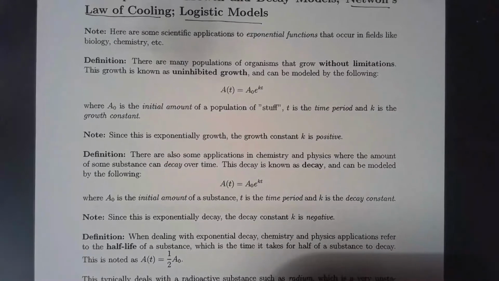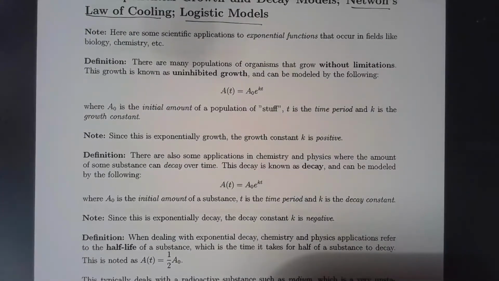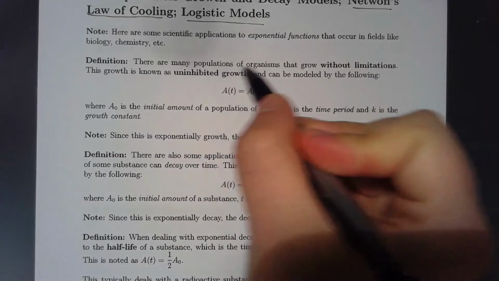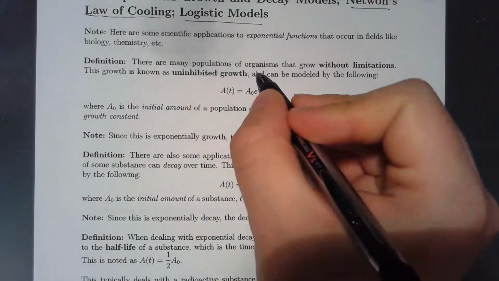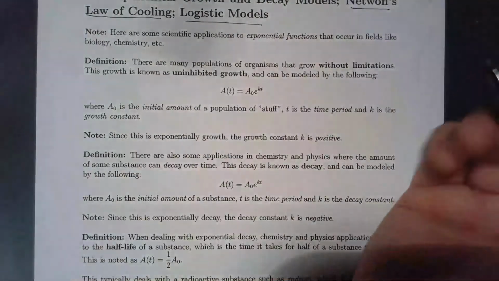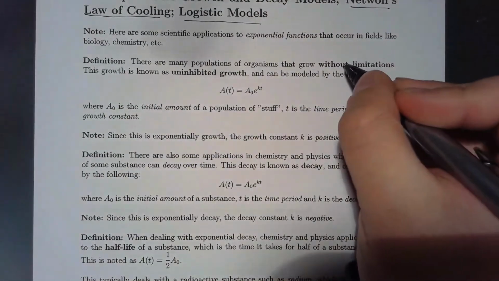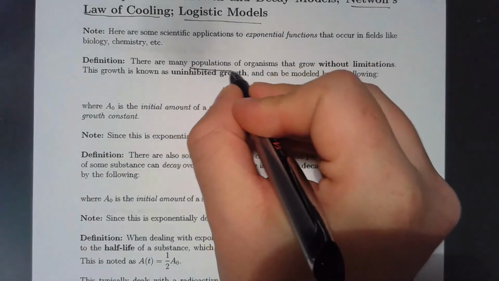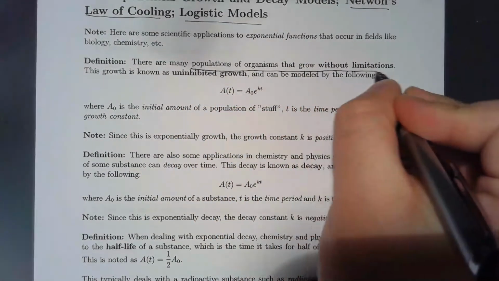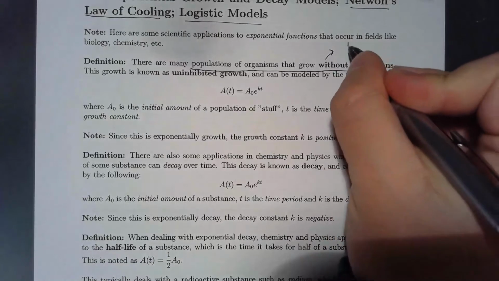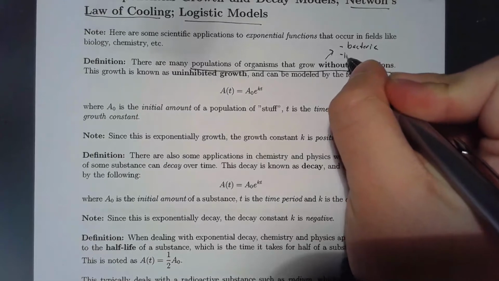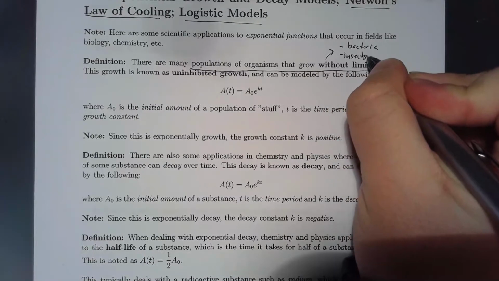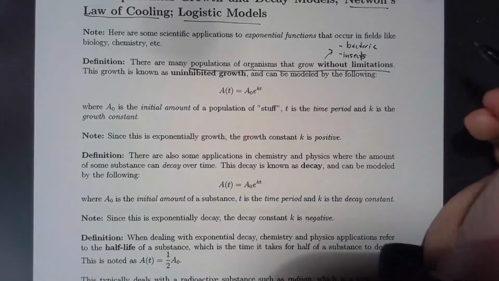And the idea of exponential growth and decay shows up a lot in biology and chemistry when you're dealing with populations of organisms that can grow without limitations, like bacteria, insects, rodent populations, which could get really big.